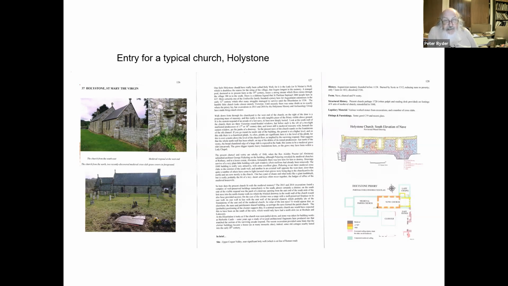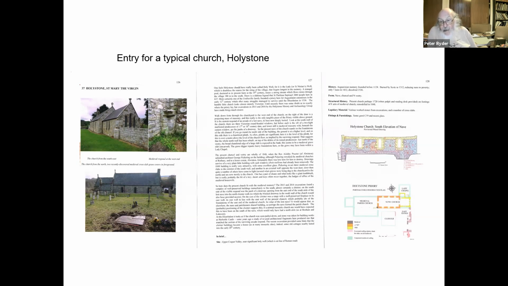There are some photographs of the church. There's descriptive text, which is both a main account, then a summary in brief, taking you through the site, the history, the structural history, lapidary material, carved stones and things, and fittings and furnishings, all very much in précis form.